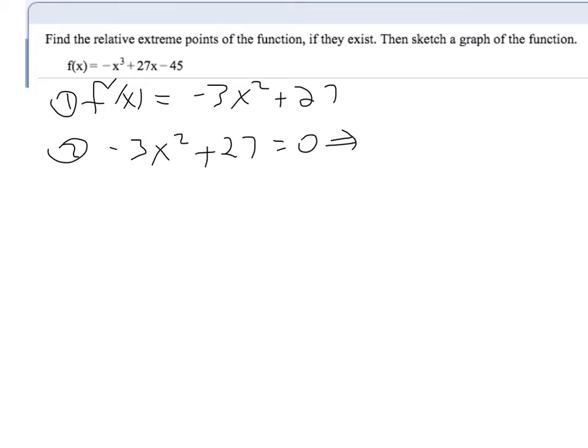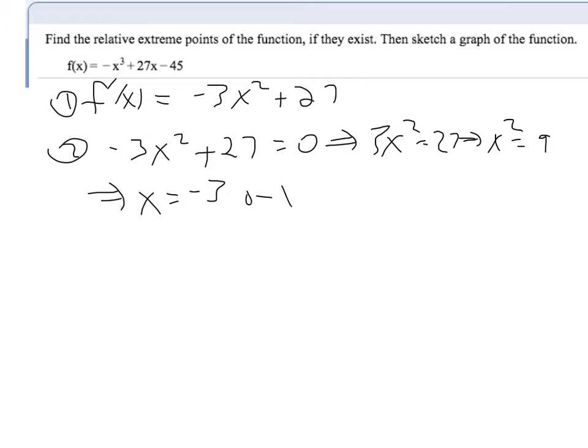And so if we do that, we'll have 3x squared equals 27, meaning that x squared is equal to 9. And so therefore x could be negative 3 or x could be 3. Don't forget we have plus or minus 3 as the solutions to x squared equals 9. So these are the critical values. That's what we call them. That just means that they're important values.